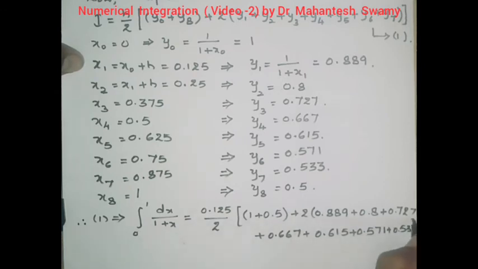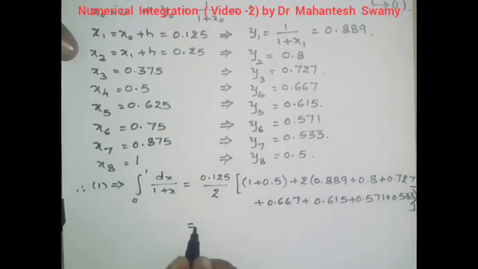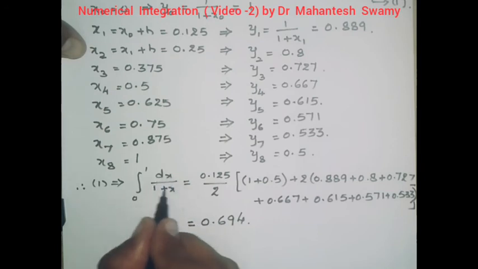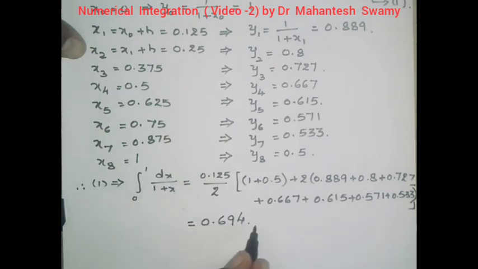After simplifying the brackets, multiply with 0.125 and divide the answer by 2 to get the final answer equal to 0.694. We can use our calculator to get the value of this definite integral equal to 0.694. So this is the solution of the first part of the problem.